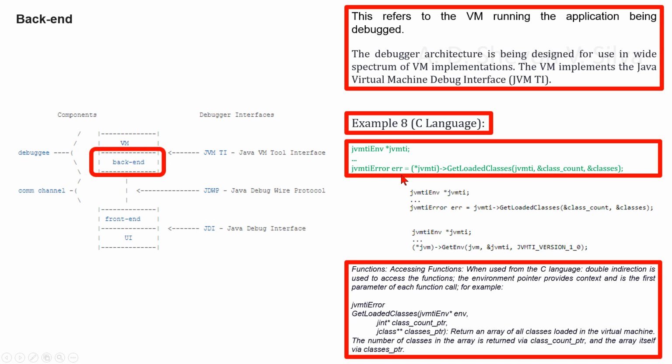For example, jvmtiError GetLoadedClasses(jvmtiEnv* env, jint* class_count_ptr, jclass** classes_ptr). Here it returns an array of classes loaded in the virtual machine.